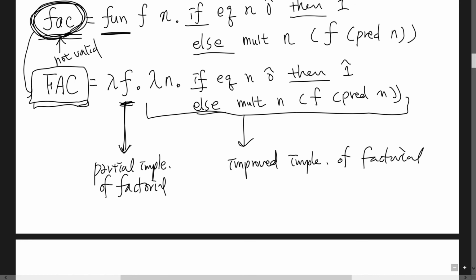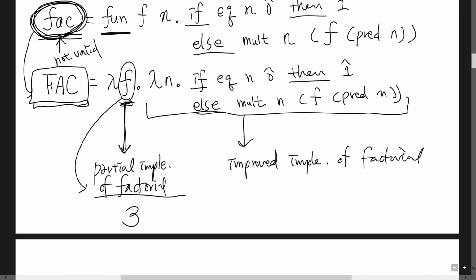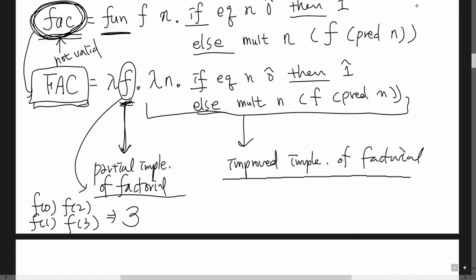For instance, suppose that this argument f is a partial implementation of factorial, which calculates the factorials correctly for up to, say, natural number 3. So f0 is correct, f1 is correct, f2 is correct, f3 is correct. Then the resultant function calculates factorials correctly for up to 3 plus 1, 4.